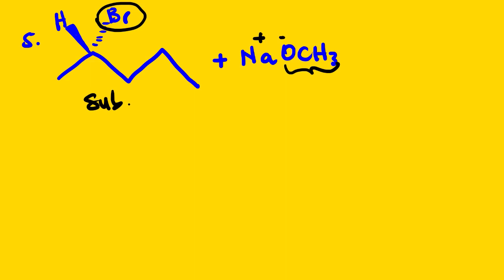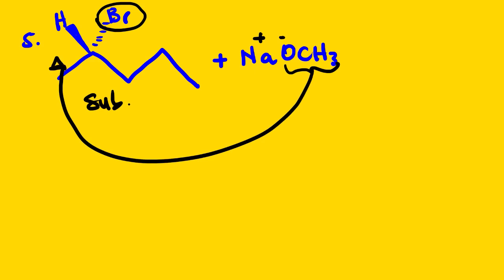The reason why I made lesson videos part by part is so that you don't get confused. In this lesson video, we are just focusing mainly on the SN2 reaction. It's very important for you to be able to identify the nucleophile, the substrate, the leaving group. So as it attacks, the leaving group will leave the substrate.